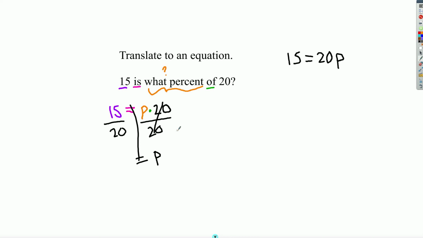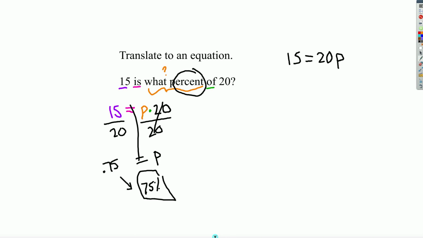I would actually type that in my calculator. This one I actually know without a calculator, but we won't always know that. So I get 0.75. It says 15 is what percent of 20? I know I want to give my answer as a percent, so that would be 75%. And I've got my answer.